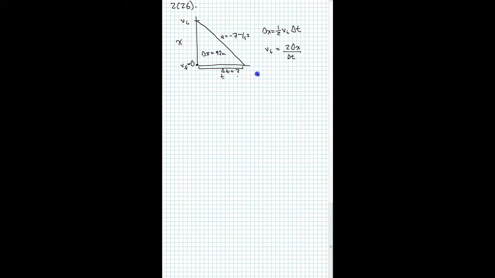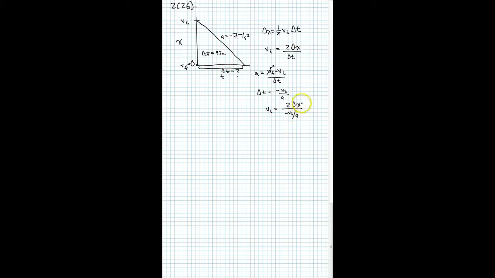And a is the slope of the velocity graph. So a is VF minus VI, VF is 0, over delta t. So delta t is negative VI over a. I can combine that there, and I get VI is 2 delta x over negative VI over a.